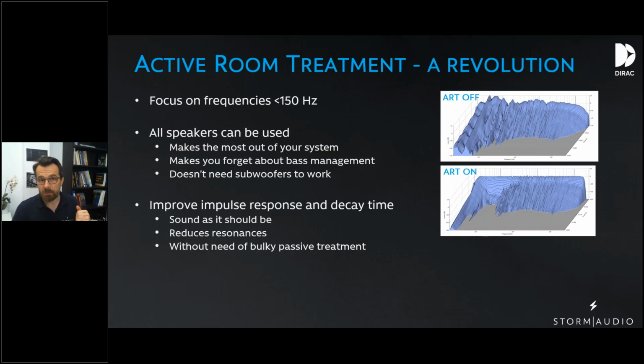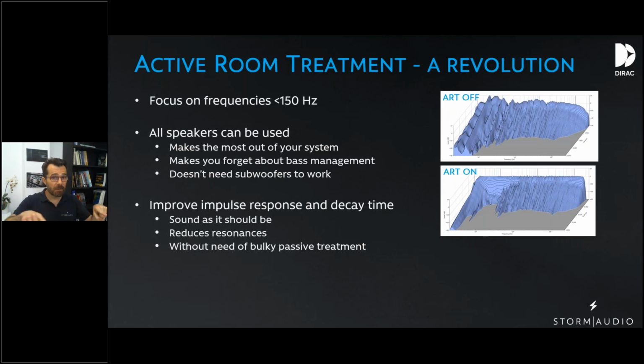As a consequence, it helps have better control of the decay time in the room. And in terms of what you hear, all of a sudden you get the sound as it should be, not denatured by the room, and it reduces the resonances. You will experience that in your listening space.